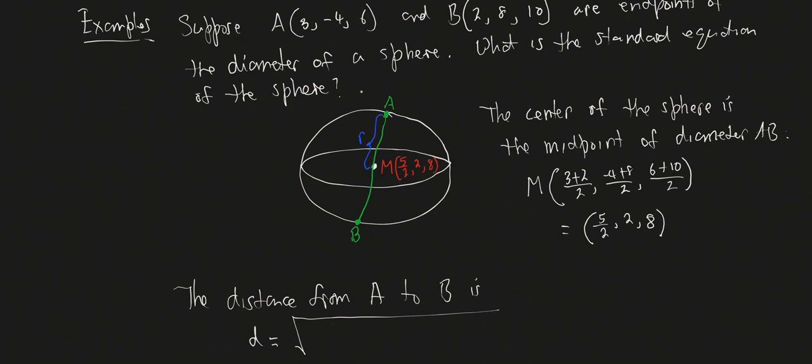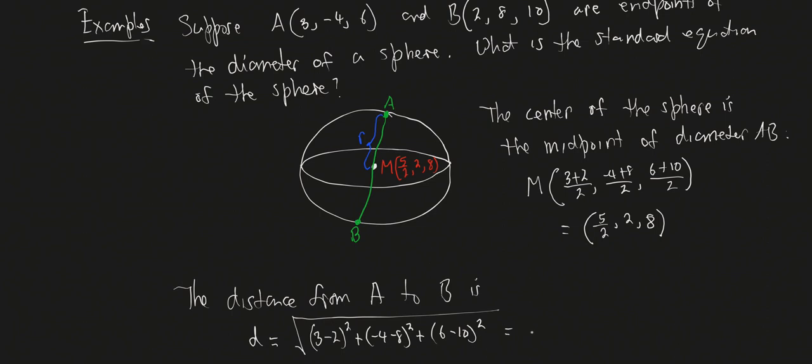And what do we take the square root of? Well, we take the difference between each of the coordinates, X, Y, and Z, square that difference, then add them together. So it is 3 minus 2 squared plus negative 4 minus 8 squared plus 6 minus 10 squared.